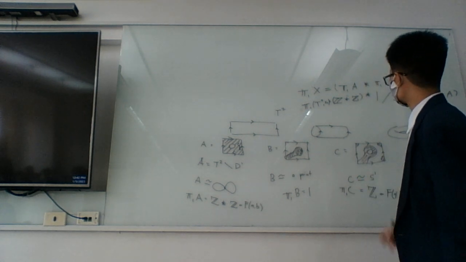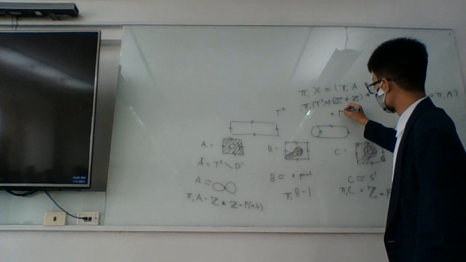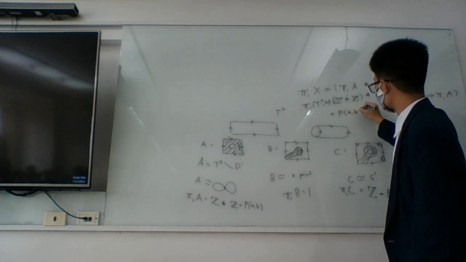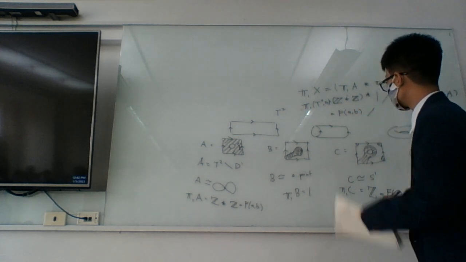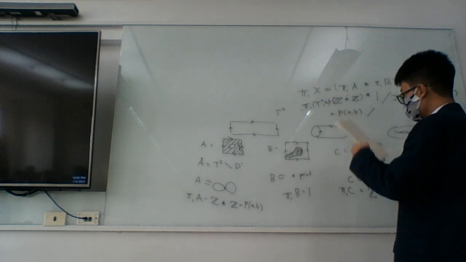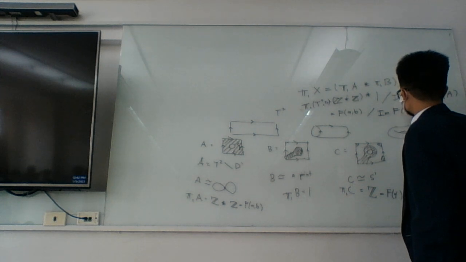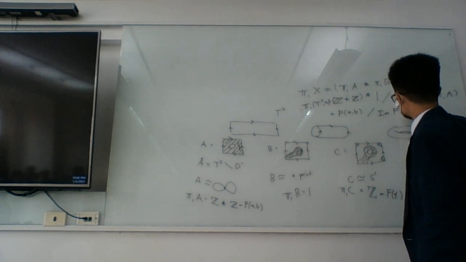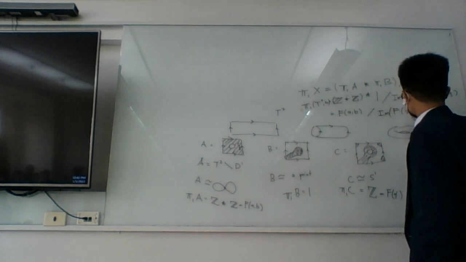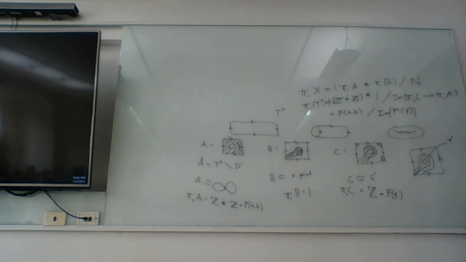So all of this is just equal to a free group on two generators a, b mod the image of some free group over this curve. That's it.